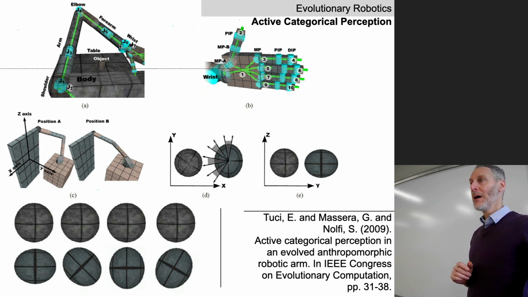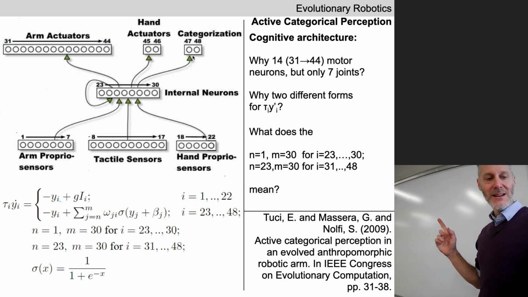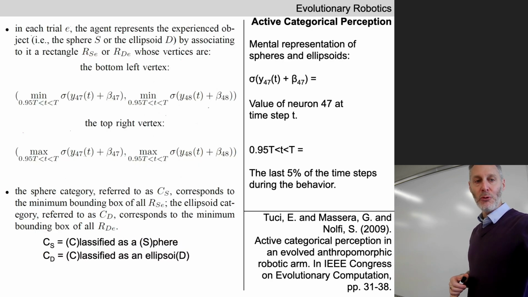It's got quite a few mechanical degrees of freedom, lots of joints, lots of motors, lots of sensors. We looked at the CTRNN last time, made up of 47 neurons, arranged into sensor neurons, hidden neurons, and motor neurons.